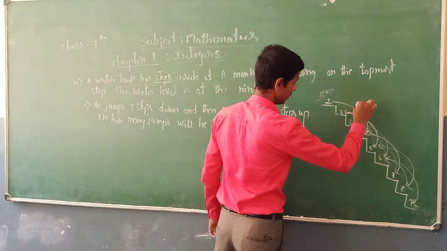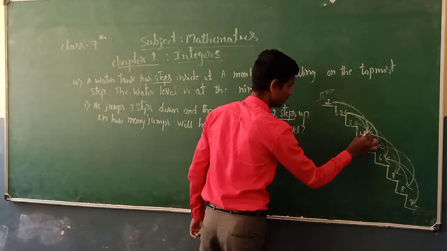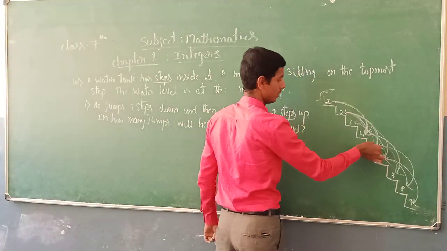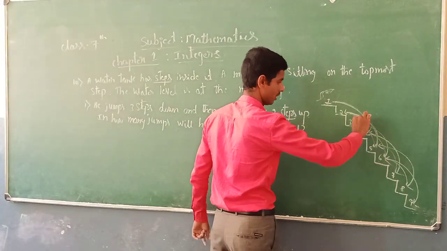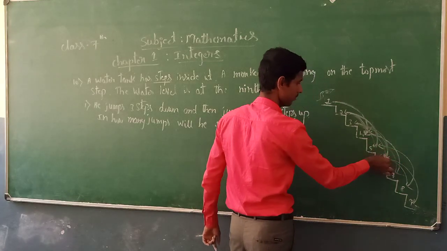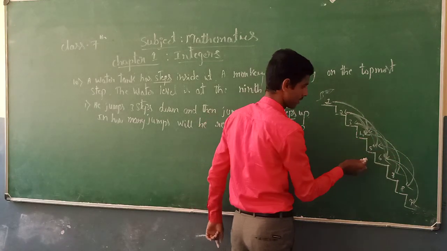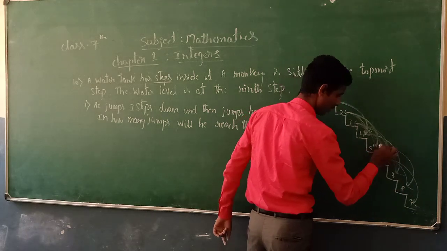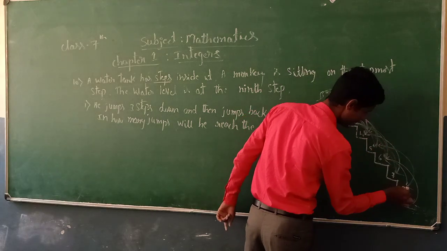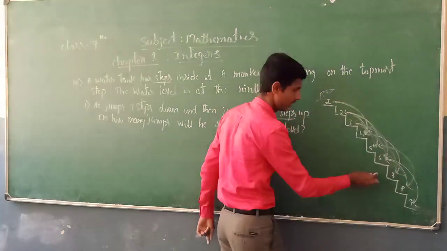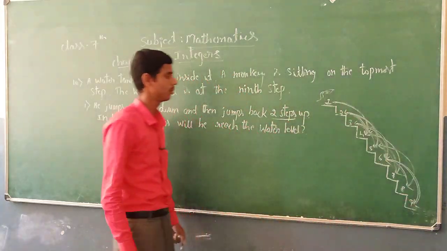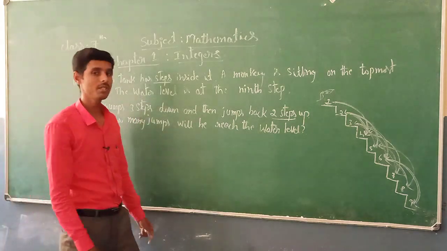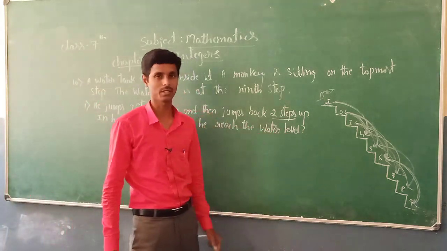From 1 to 4, 1. This is 1, 2, 3, 4, 5, 6, 7, 8, 9, 10, 11. Total the monkey made 11 jumps to reach the 9th step.